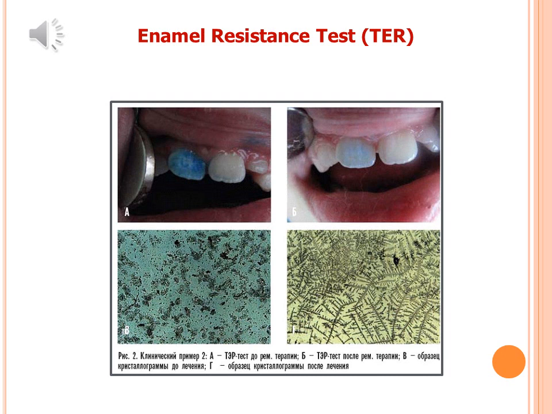The intensity will depend on the degree of enamel demineralization. The more demineralization, the bluer the tint of the stained area.